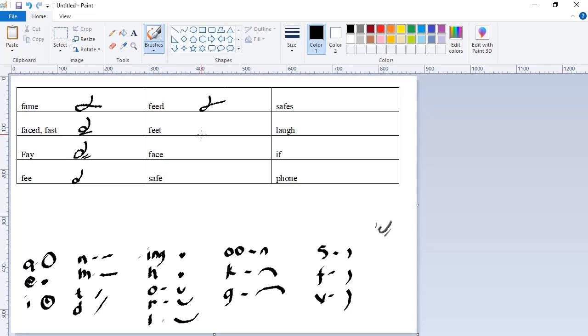F-E-D. Feed. Next, feet. We have F-E-T. Feet. You see the difference between T and D? Make sure it's very noticeable.